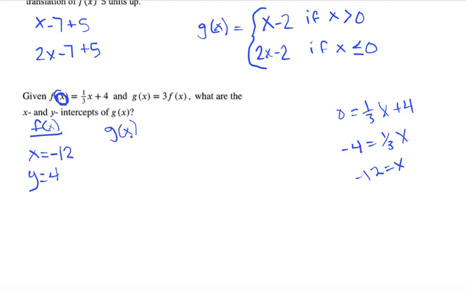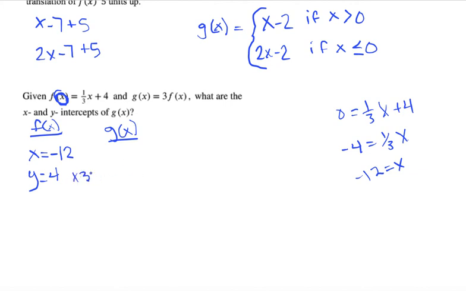Now for my g of x, I'm doing a vertical stretch by 3. When I have a vertical stretch, my x-intercepts will stay the same, but my y are multiplied by that factor. So my y will need to be multiplied by 3.